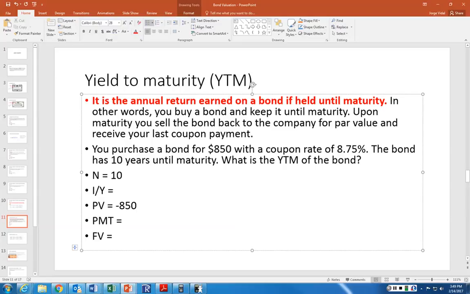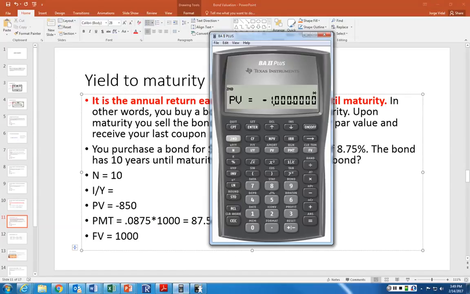Payment, the coupon, is 0.075 times 1,000 equals 87.50. Future value 1,000. So to find the YTM, do second, clear TVM.